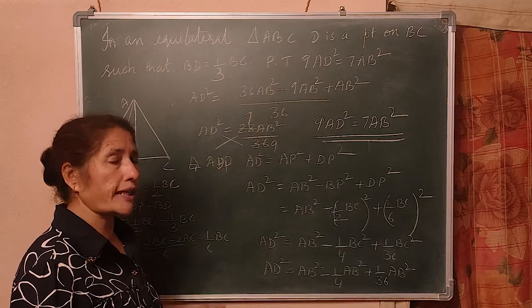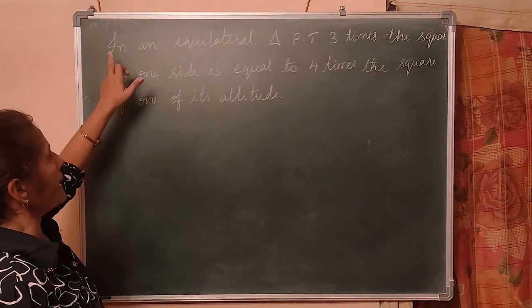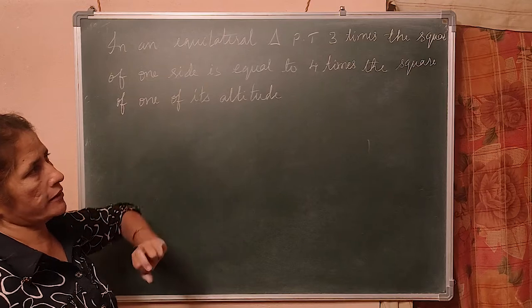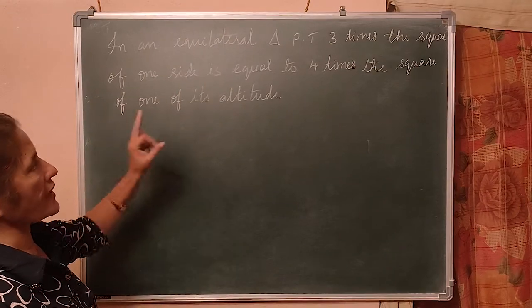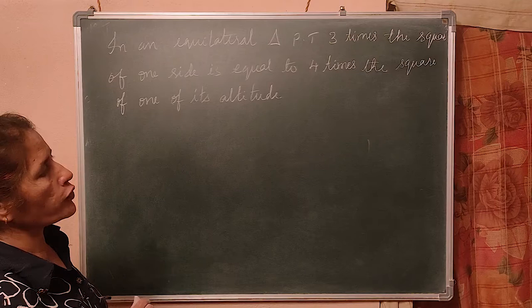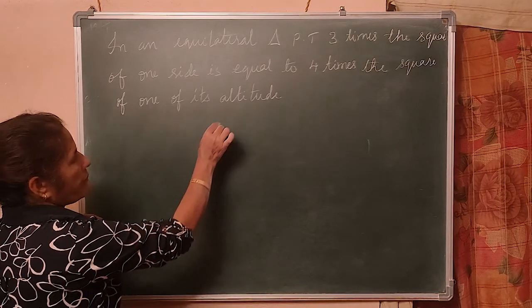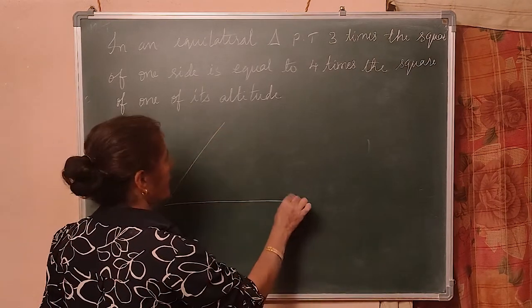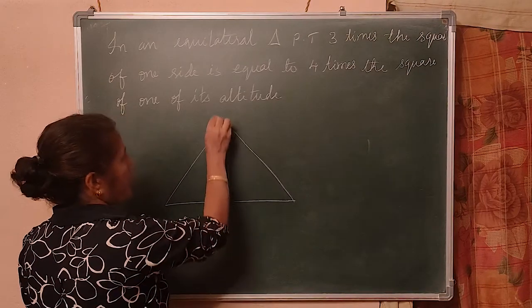Let us move on to the next question. Our last question is like this. In an equilateral triangle, prove that 3 times the square of one side is equal to 4 times the square of one of its altitudes. So let me draw an equilateral triangle ABC and let me draw one altitude.